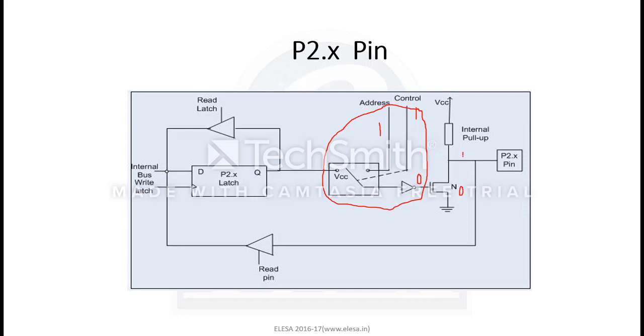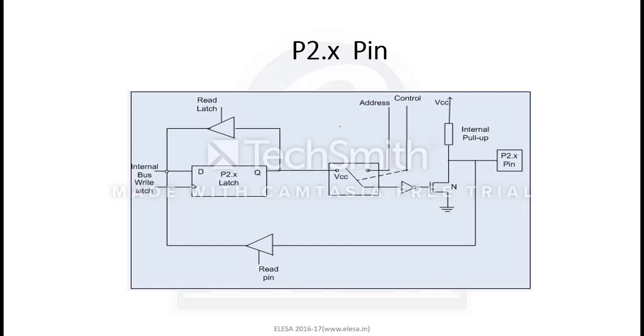Similarly, the lower address bit 0 can be transferred, which after inversion will become 1, and so the output is 0. Hence this works. So we came to know that the input output operation of all the ports is nearly the same, but port 0 and port 2 are also used for interfacing external memory.